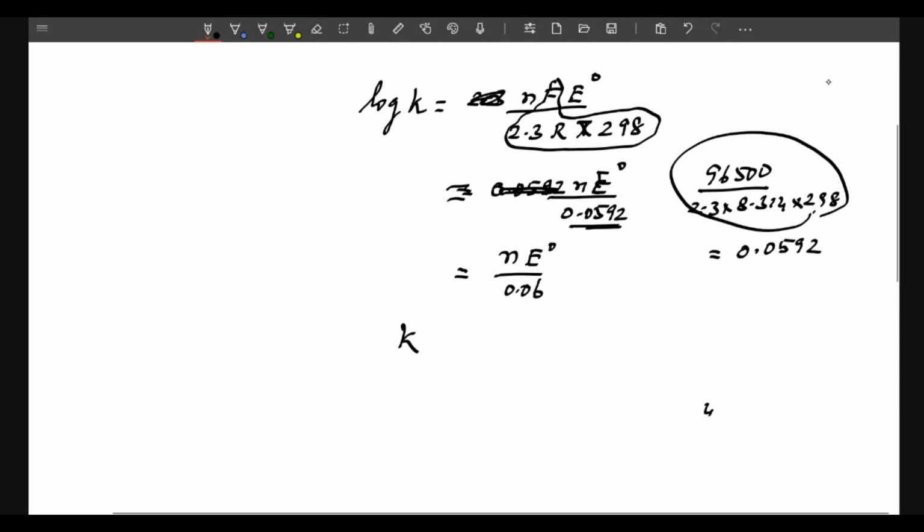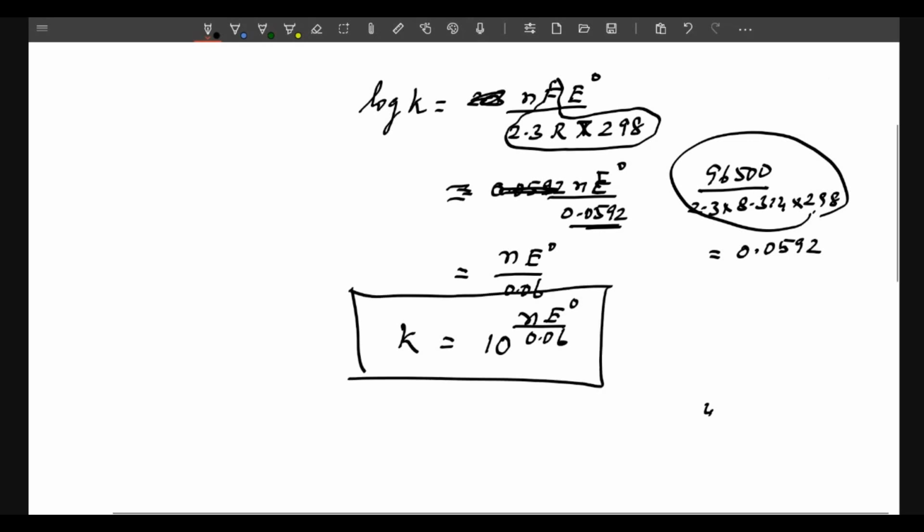And the K value is the anti-log of this. Anti-log means 10 power n E naught by 0.06. Therefore, you can calculate the equilibrium constant, provided you know the number of electrons and E naught. You need not derive all these things; it is sufficient to keep this in your mind.